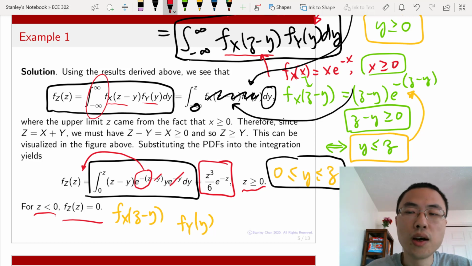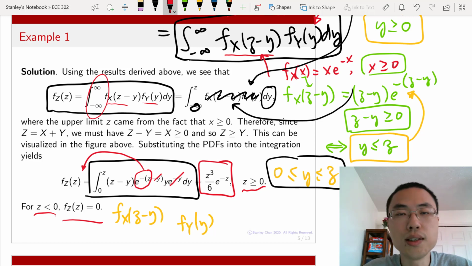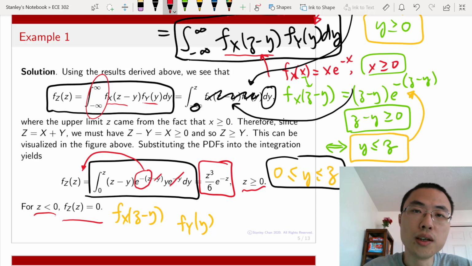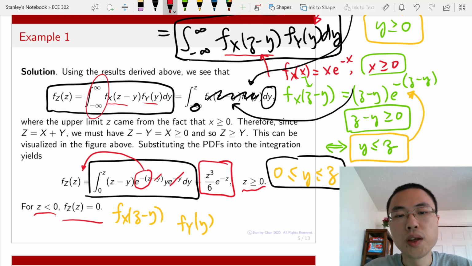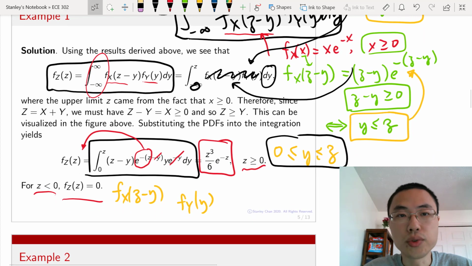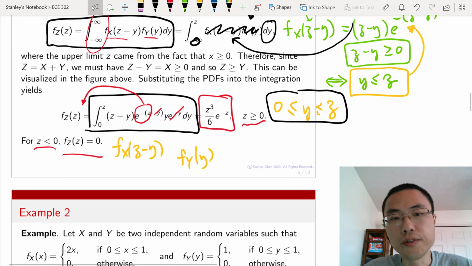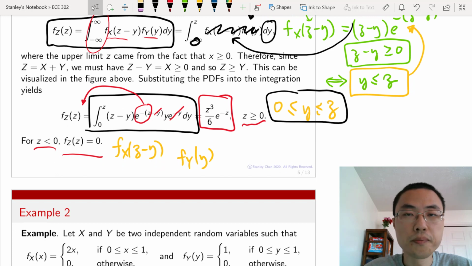Then you look at what x's, y's and z's will be allowed. Then you go to the integration and rewrite the limit. The rest is just calculus. So I hope that this example has given you some idea of how we actually calculate the PDF of the sum of two random variables.